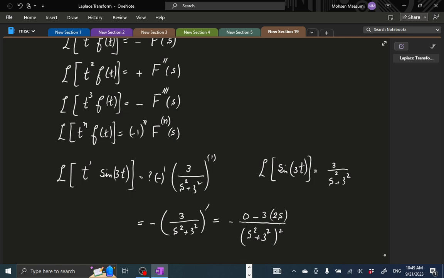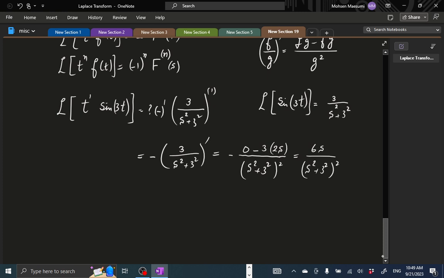So that's the quotient rule. Let me just remind you, you come across this issue often enough. So f prime g minus f g prime over g squared, or you might write it a little bit differently. At any rate, the minuses cancel and you get 6s over s squared plus 3 squared, squared.